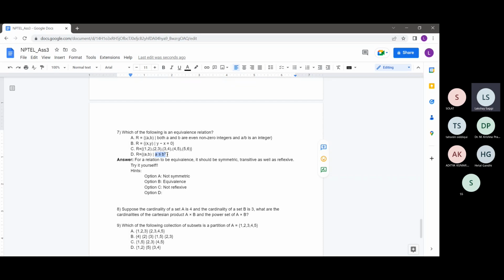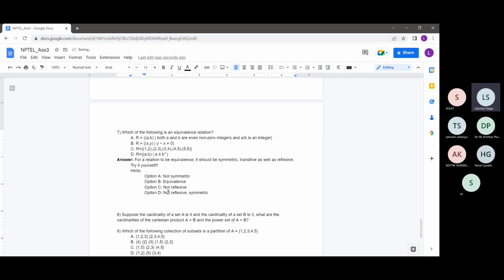Or you can see that it won't be symmetric either. If A is less than or equal to B cubed, it is not necessary that B is less than or equal to A cubed. I'll leave it there so you can think about it later. Not reflexive, not symmetric, I think. So the correct answer would be option B.